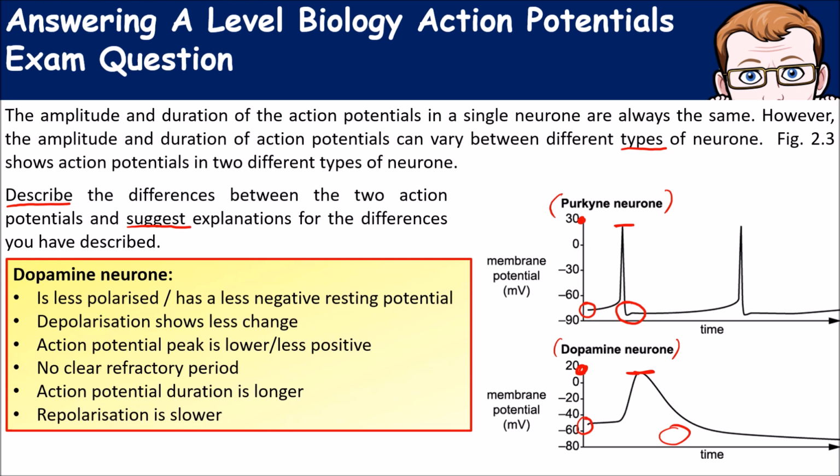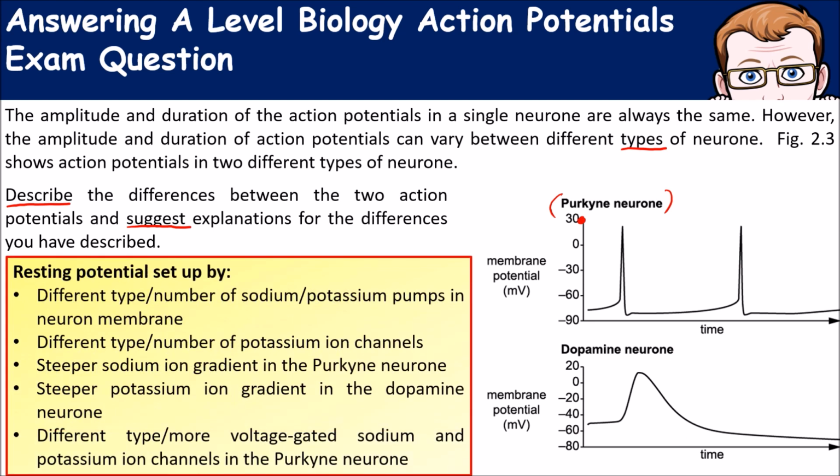You can see, because it's going from there to there really, where it's starting to vaguely repolarize, that is a lot longer than it is up here. So repolarization is considerably slower. Right, so that's if we were talking about the dopamine neuron.